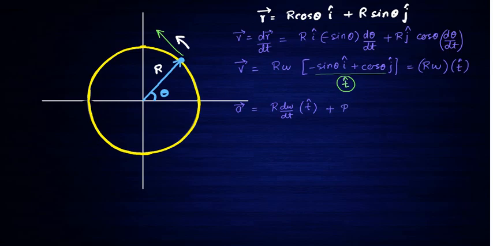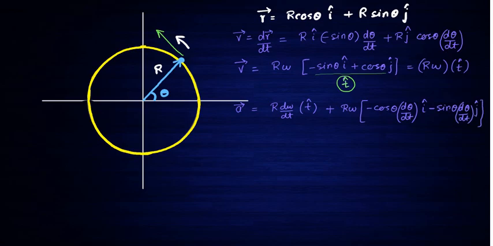Plus I am holding now R omega as constant, and I am differentiating t cap. So the derivative of minus sin theta i cap happens to be minus cos theta. Mind you, d theta by dt also has to be written over here because we are differentiating with respect to time. i cap, and the derivative of cos is minus sin theta d theta by dt j cap.